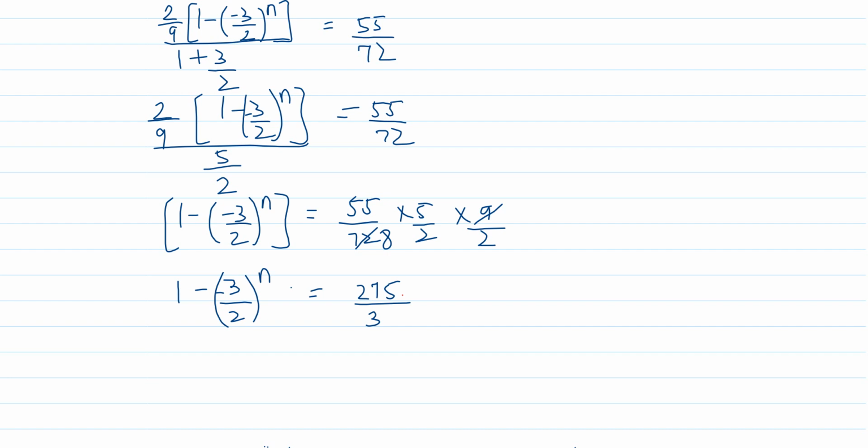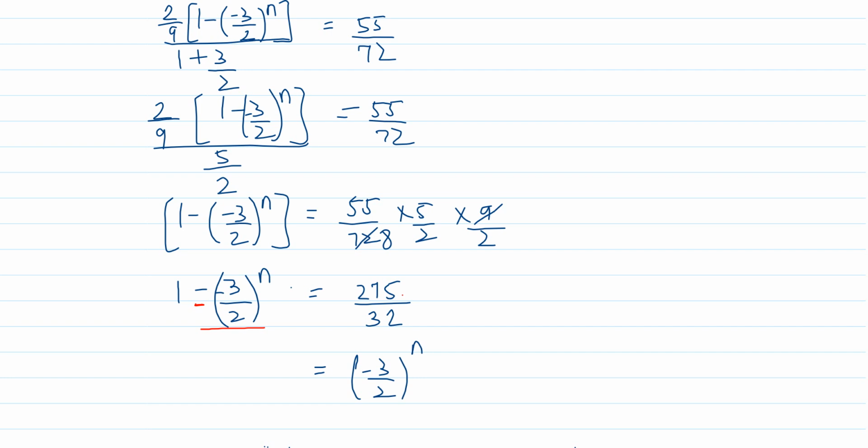Okay, yeah. So now students, I'll take this minus of minus 3 upon 2 the whole raised to n on the right hand side. Students understand, this minus will change to plus when I take it to the right hand side, but here in the bracket the sign still remains the same. Okay, I've changed the minus which is outside the bracket.